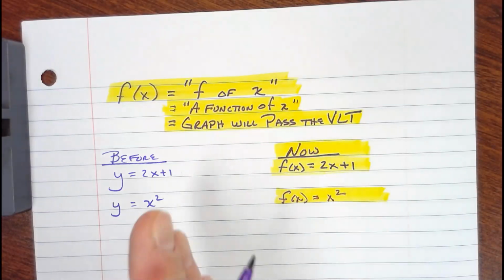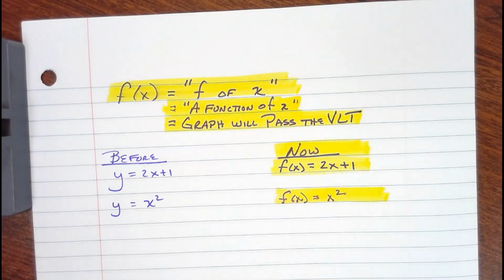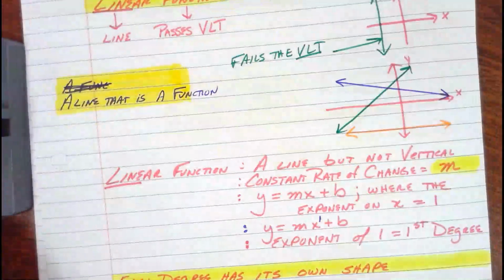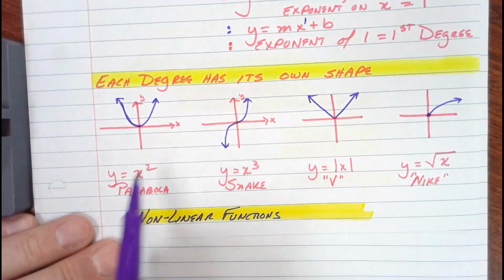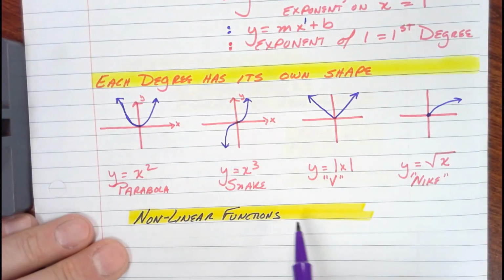It simply says this has already been checked out, it's been validated, the graph is going to pass the vertical line test. And each of these functions, they're non-linear functions because they pass the vertical line test.